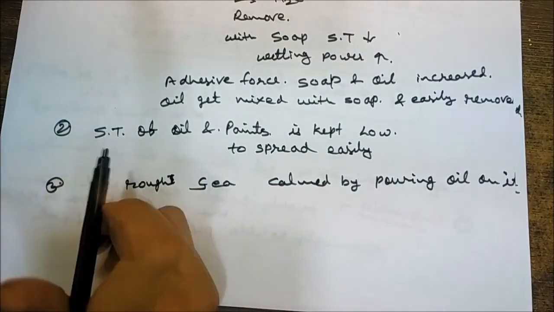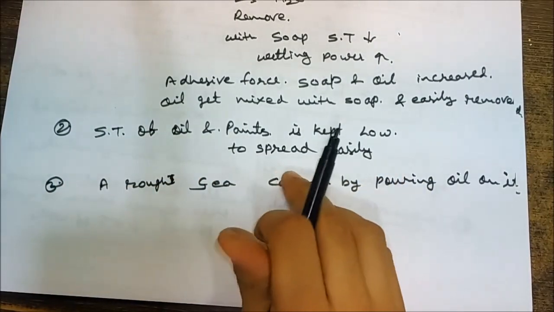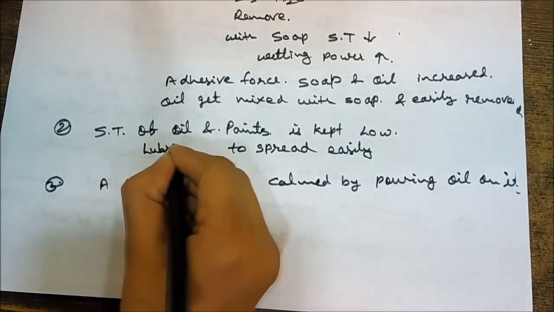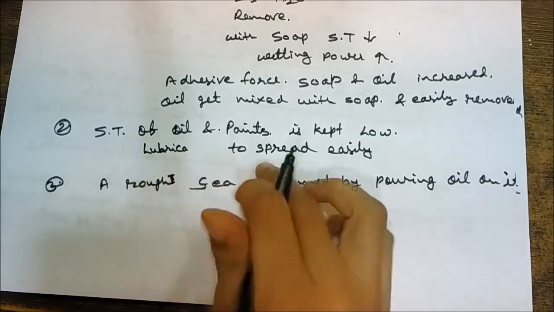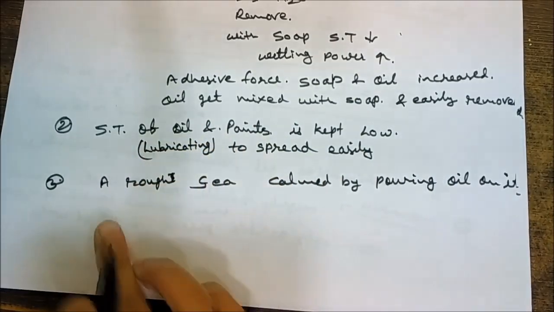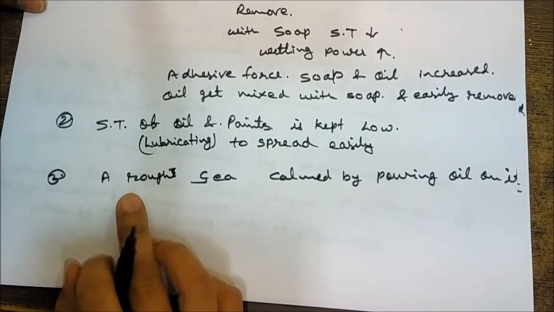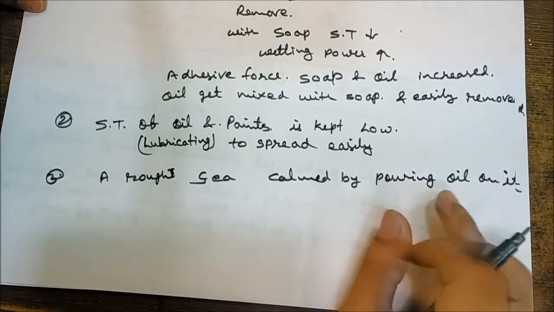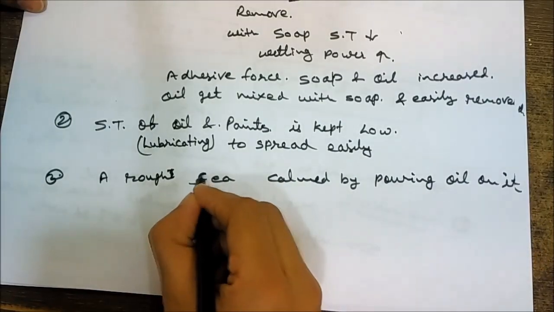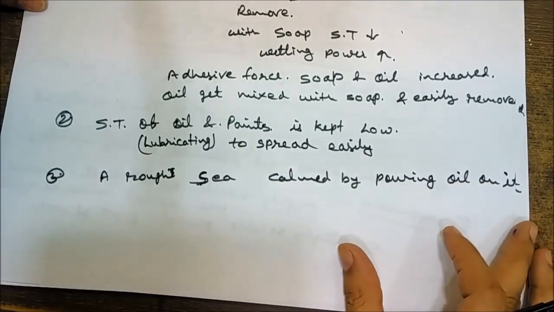The next application is that surface tension of oil and paints is kept low, so that when painting or lubricating any machinery, it can spread easily. The third application we can see is when we pour some oil on a rough sea, it can be calmed. So these were the applications of surface tension.